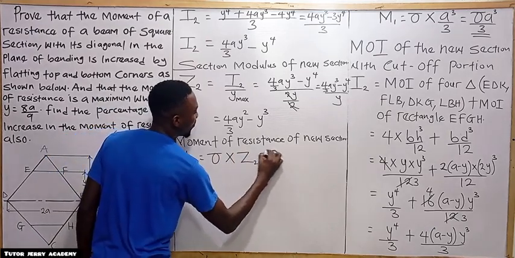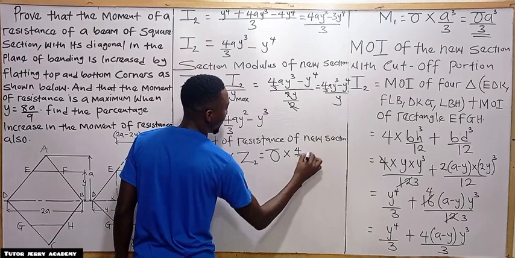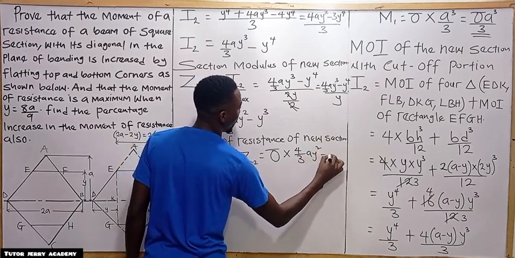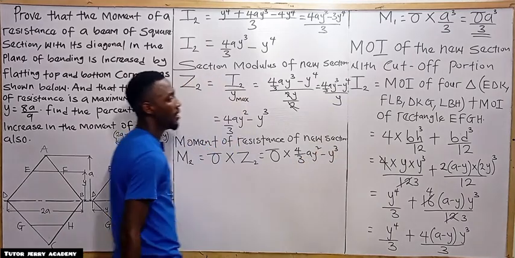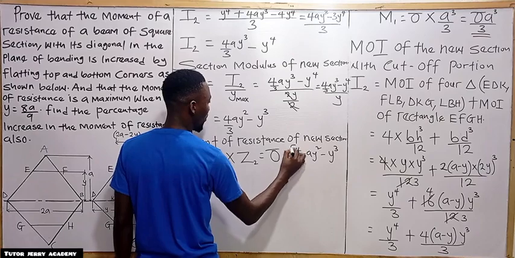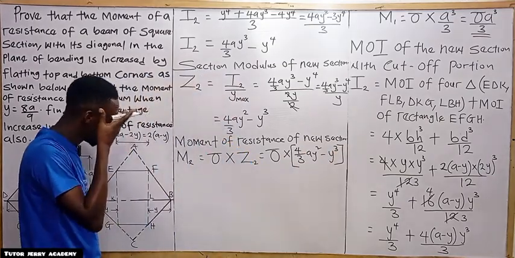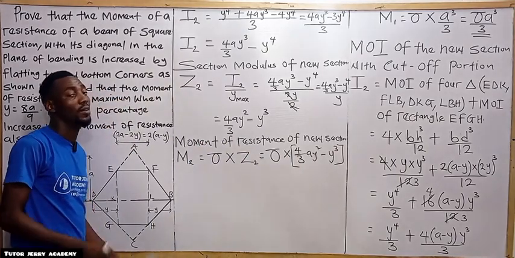So this is going to be stress multiplied by 4 over 3 a y squared minus y to the power 3. So we can just put this in brackets. That is what we are going to have.